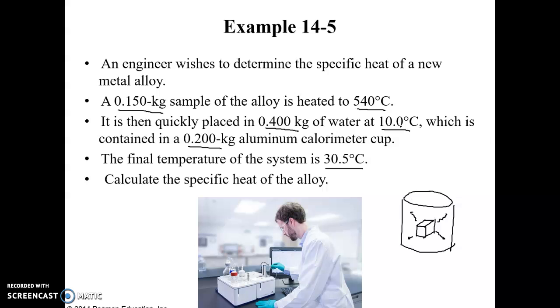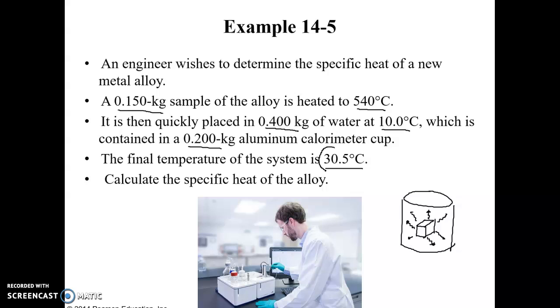The water in the calorimeter was initially at 10 degrees Celsius, and it's being held in a 2.2 kilogram aluminum calorimeter cup. The heat is going to flow out of the alloy, which has a higher temperature, into the water and cup, which is at a lower temperature, until it reaches equilibrium, until everything is the same temperature.